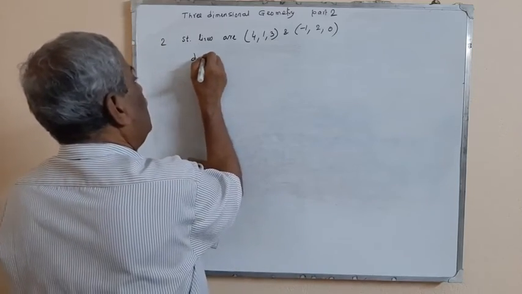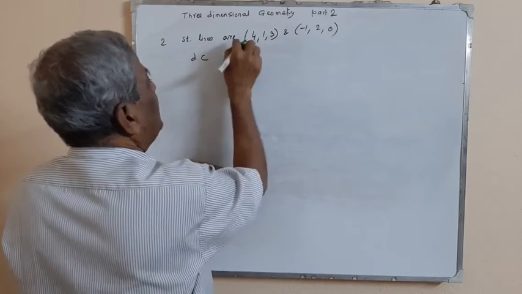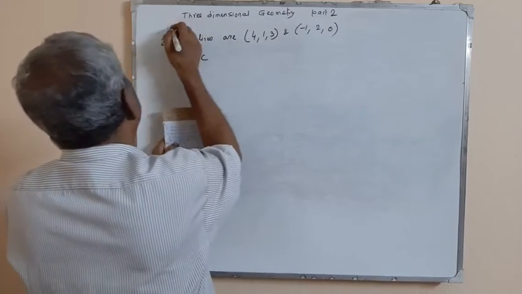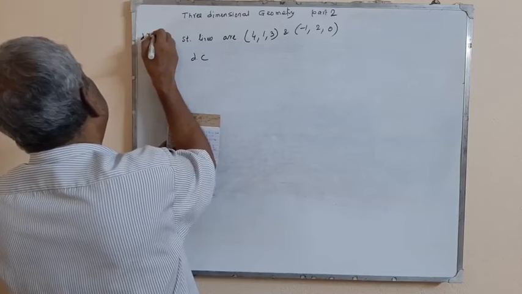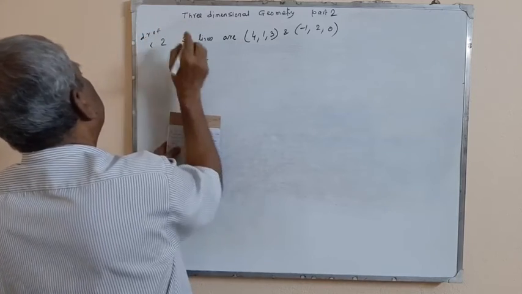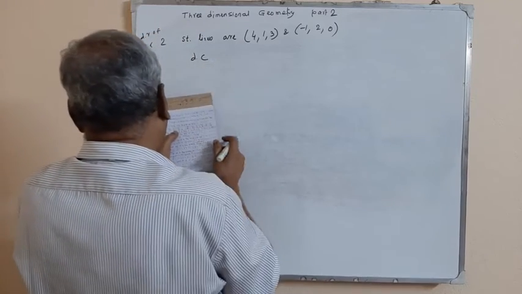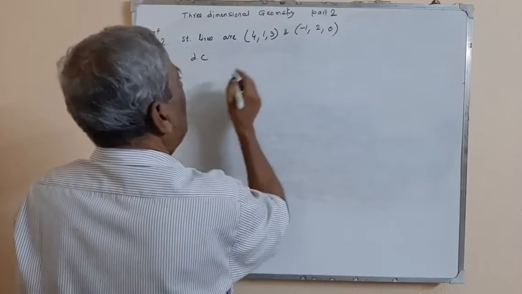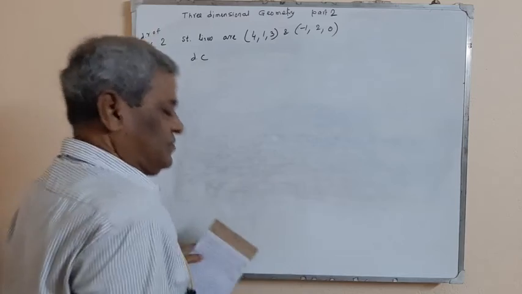Now direction cosine, this is the direction ratio. The direction cosine of a line which is perpendicular to both this and that.